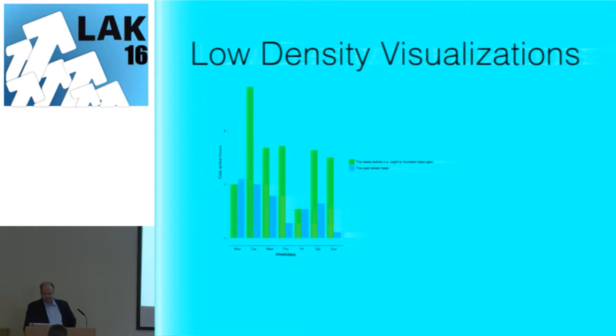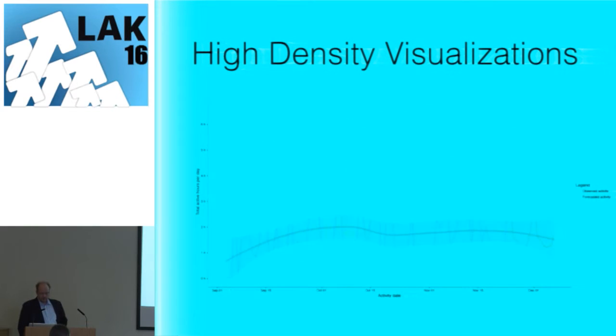So we divided everything into 3 categories. There's low density. Here we actually have 14 data points. There's 1 data point per day and 1 data point per day last week. So this is relatively easy to put into a tabular format, and it's reasonable that you should be able to extract the same information with a screen reader. And here we have one that has a little more density.